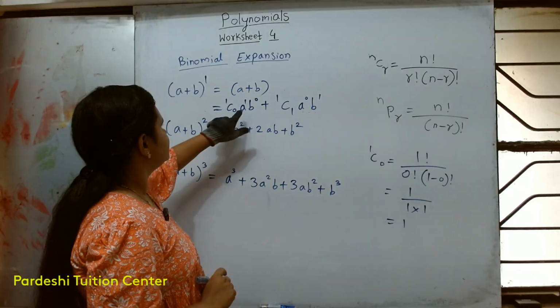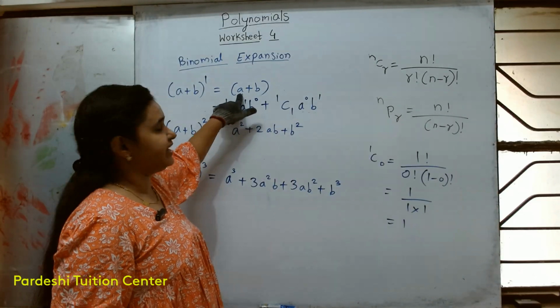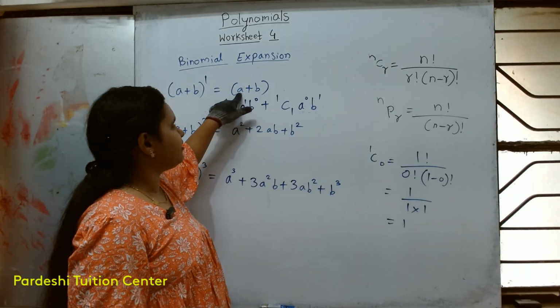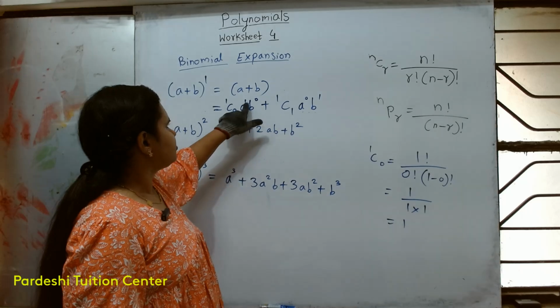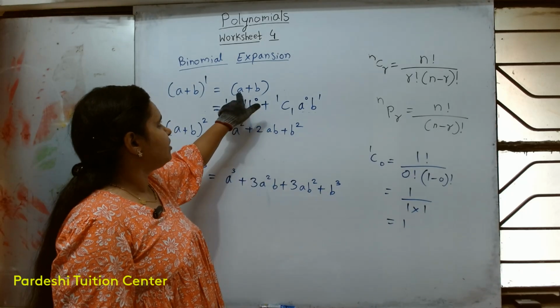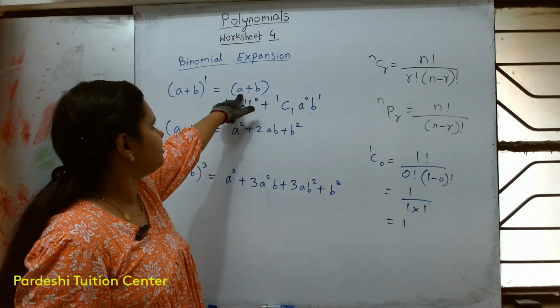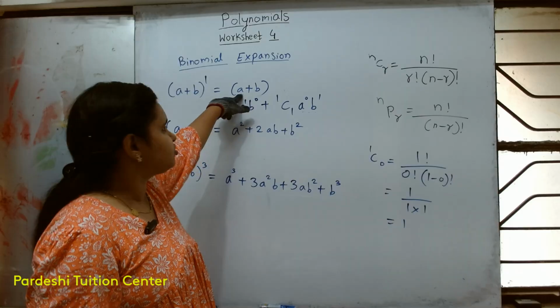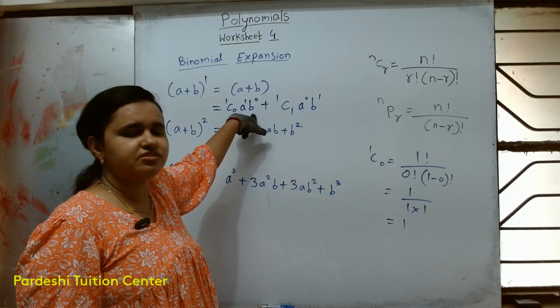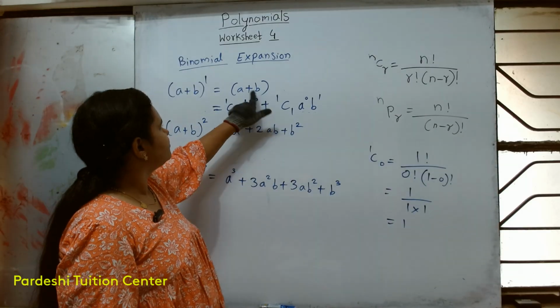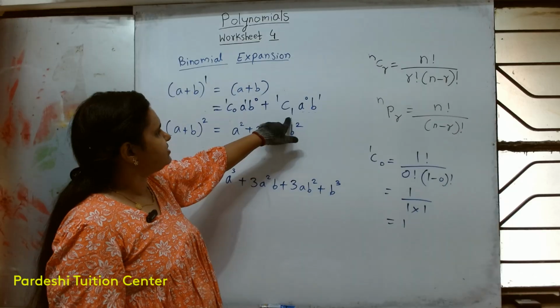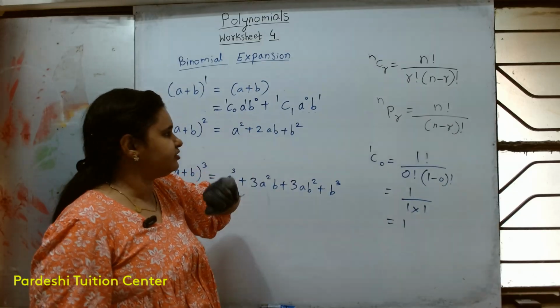Now, a to the power 1: here a is only one time, so the power of a is 1. In the first term b is not present, so we can write it as b to the power 0. Plus now again 1c1. Let us check what 1c1 is.